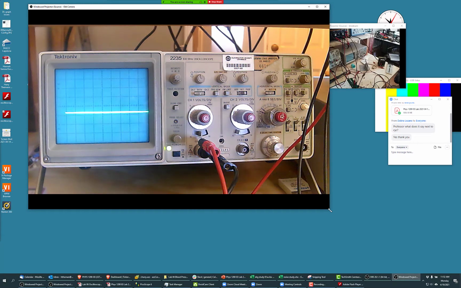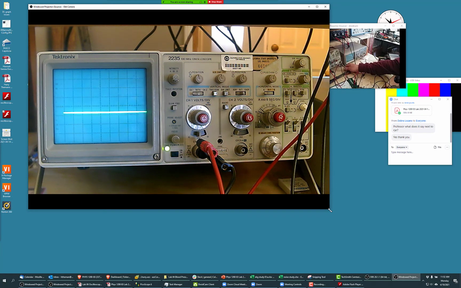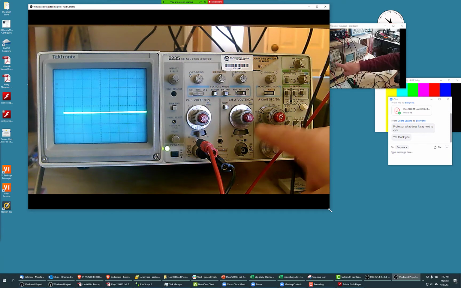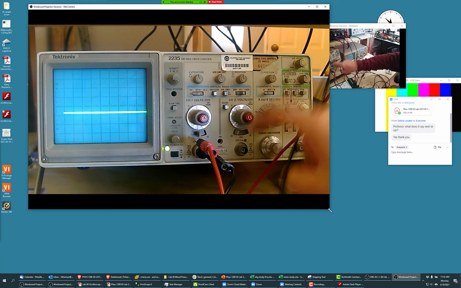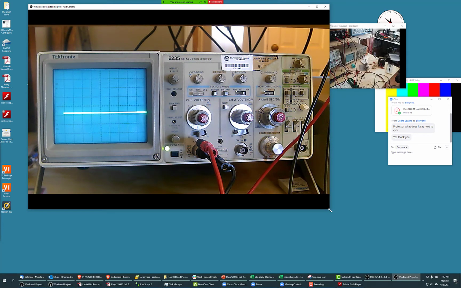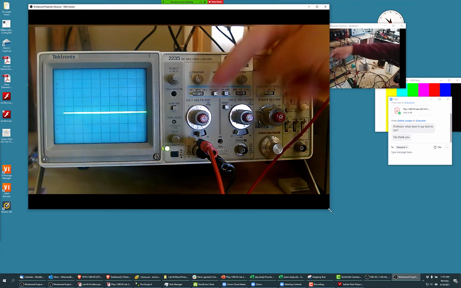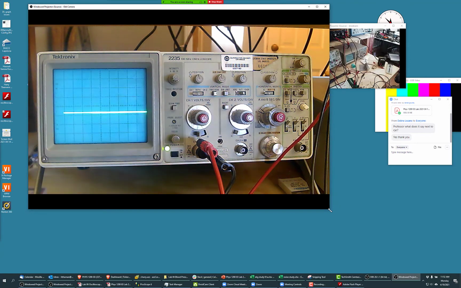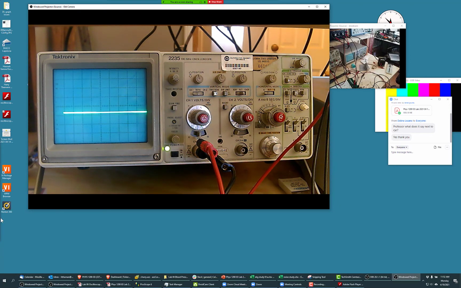Okay, that's done. You can't see that so well because it's shining on there. There we go. Now you can see the 5 milliseconds per box, and the 1 volt per centimeter. Set source to channel 1, which it is.